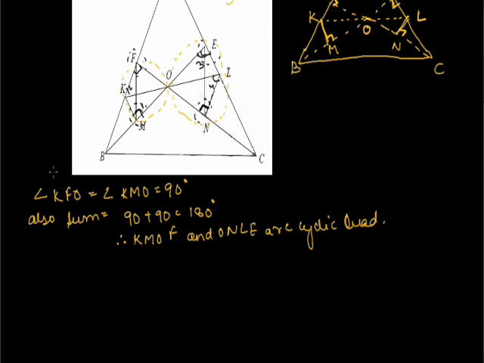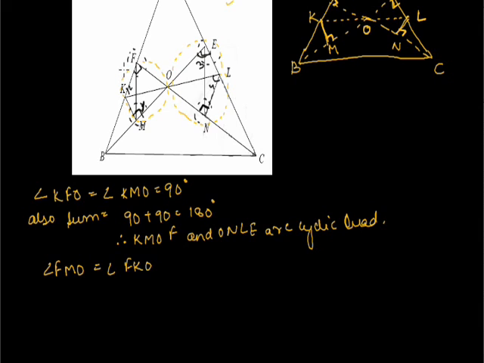Now angle FMO is equal to angle FKO. Where is FMO? This is FMO. That is angle 1. Angle 1 is equal to angle 2 because it's a cyclic quadrilateral.